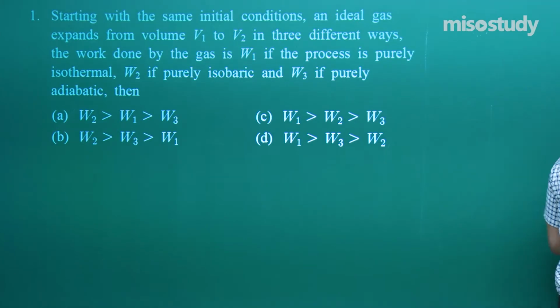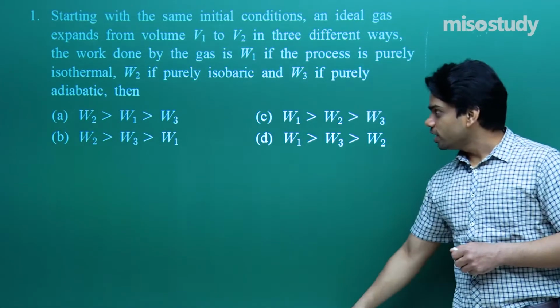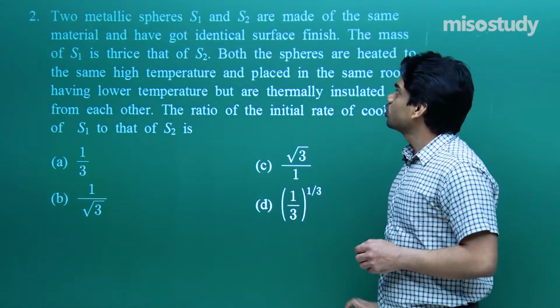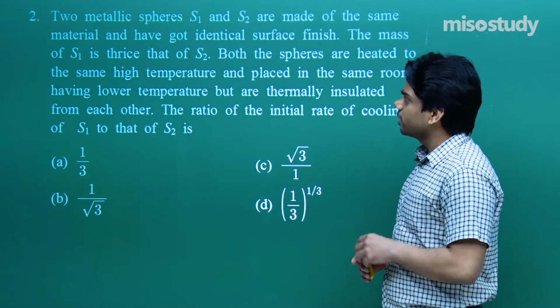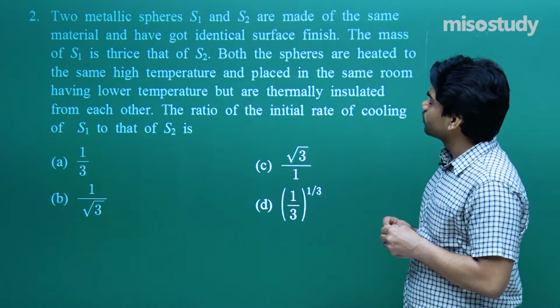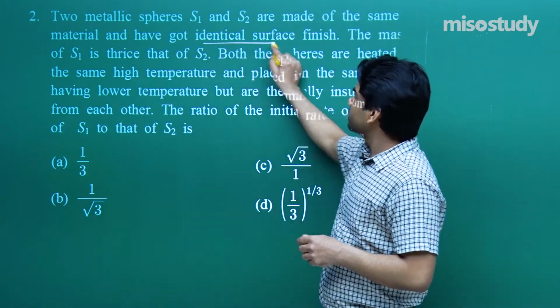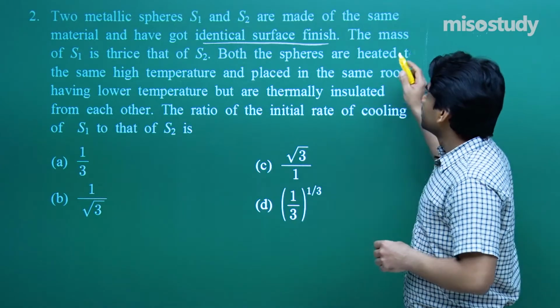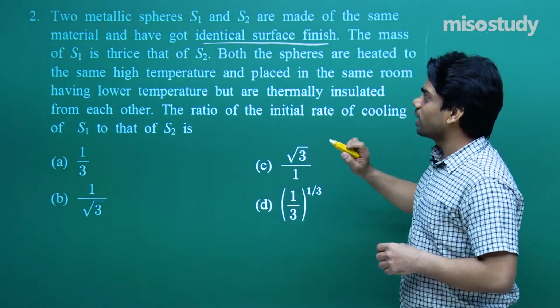Now we'll proceed with the next question of the class. Two metallic spheres S1 and S2 are made of the same material and have got identical surface finish. That means their reflecting or absorbing will be same. The mass of S1 is thrice that of mass of S2.